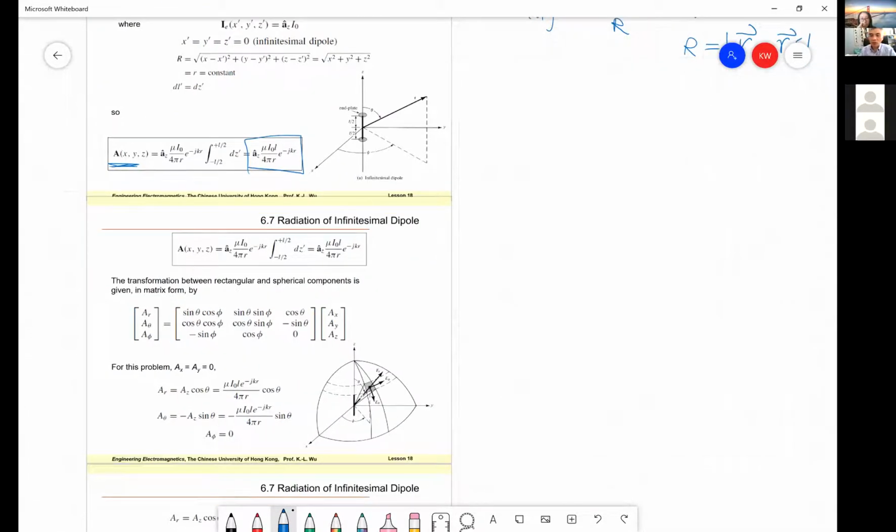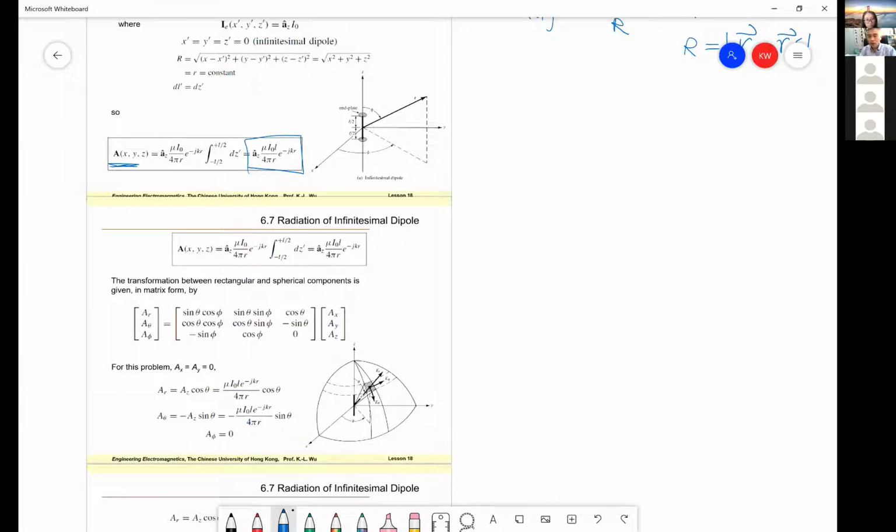Once you find vector A, it is described in the XYZ coordinate system, because I put the current along the z-axis.